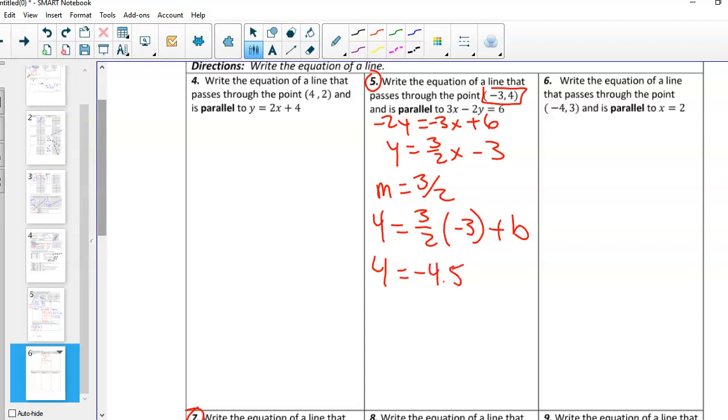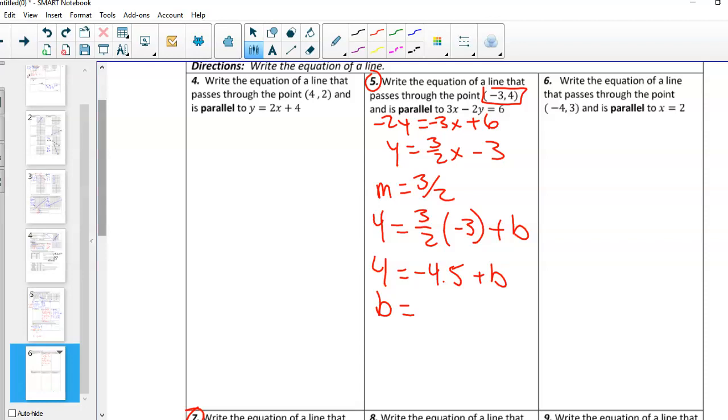If you have -9/2, that's fine. So if we add that to both sides, b is now, wait, is that a y or a 4? This is a 4, and the one above that is also a 4. So b equals 4.5.